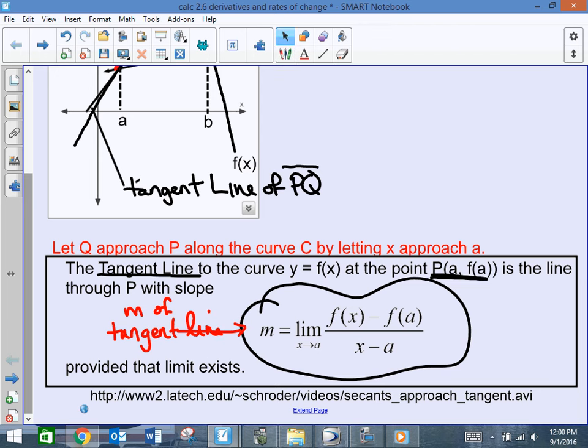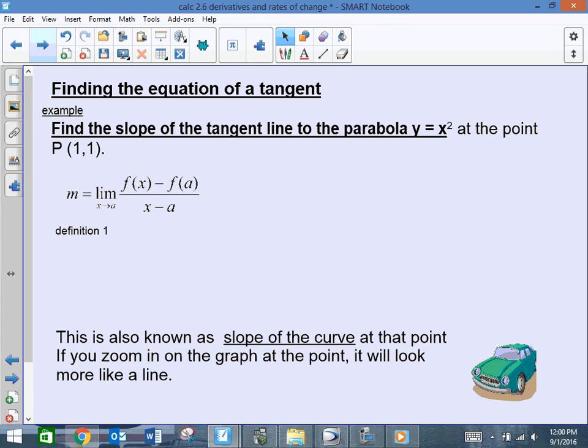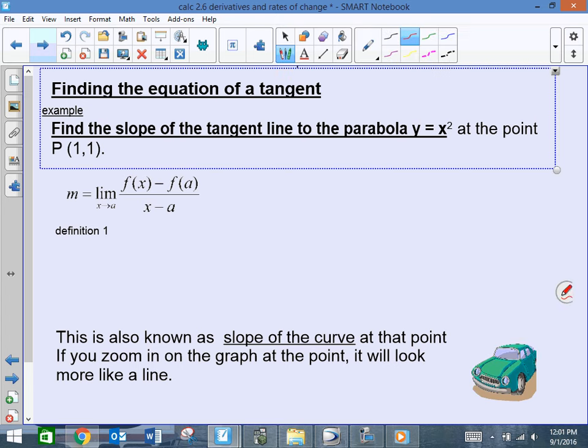So you're going to use that formula. A is going to be at a specific value, whatever that A is. We're not going to have to deal with A. We're going to deal with a number, okay? And f of x will be a specific function. This looks like it's a quadratic, but it's not necessarily always going to be a quadratic.